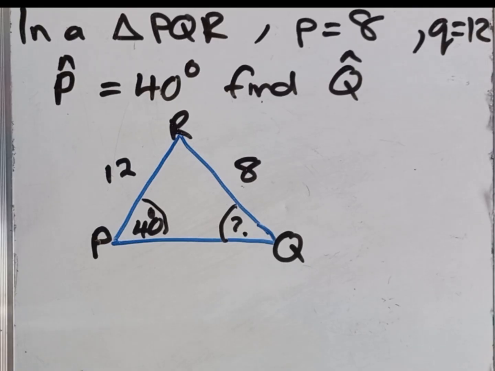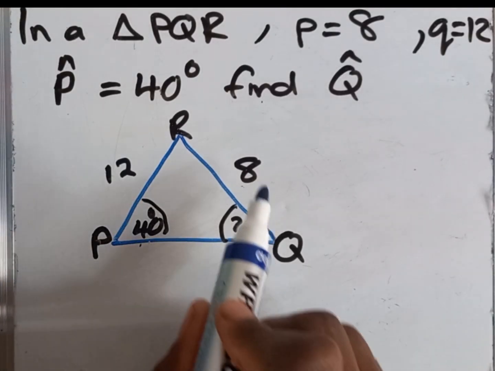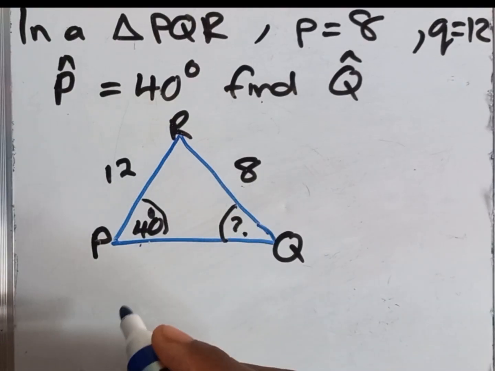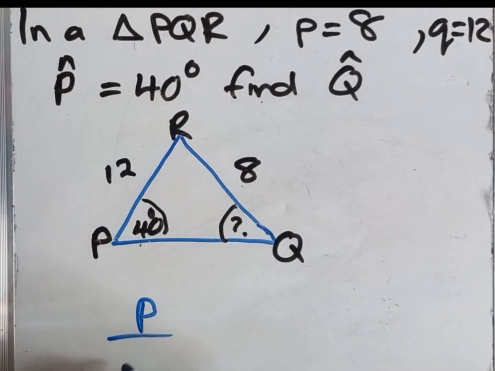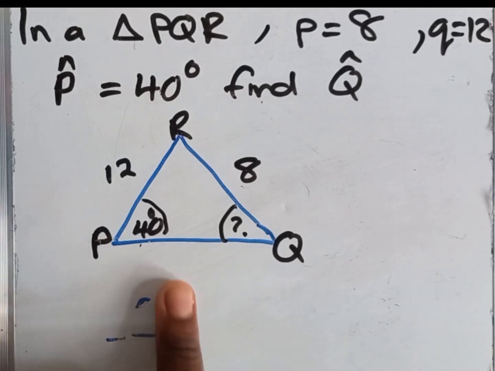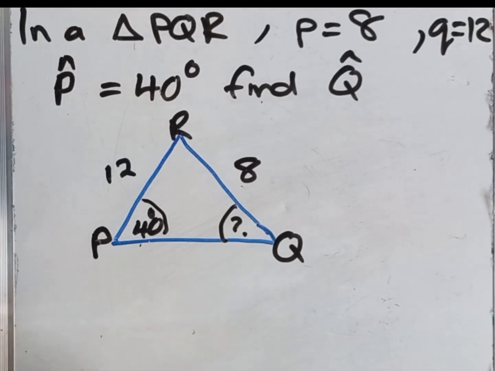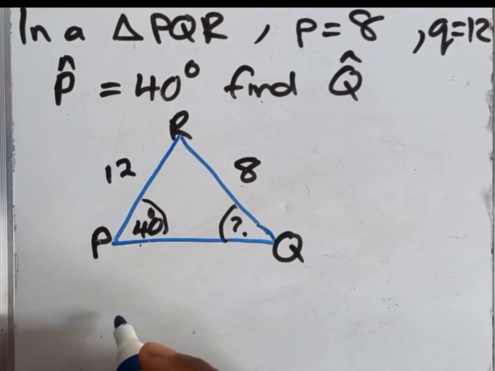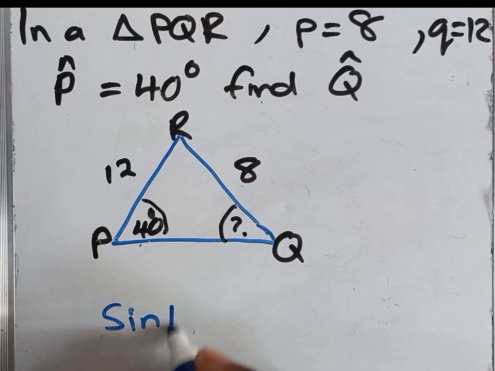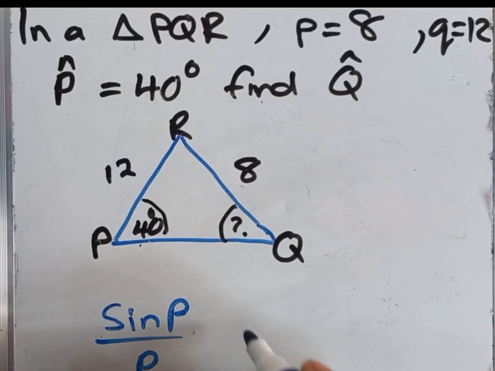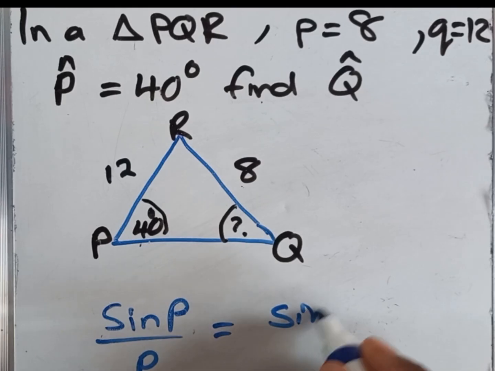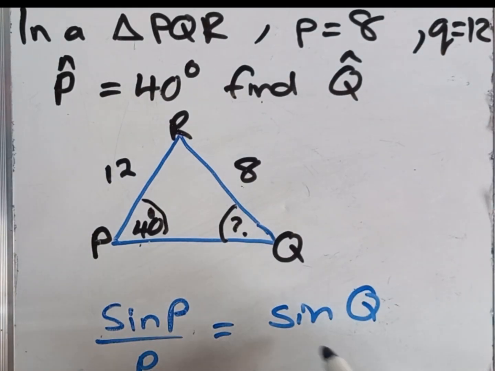Yes, we have it. We have angle P and the corresponding side, small letter p. So this time we want to find an angle, so we put the sine on top. Sine P over p is equal to sine Q that we want to find over small letter q.